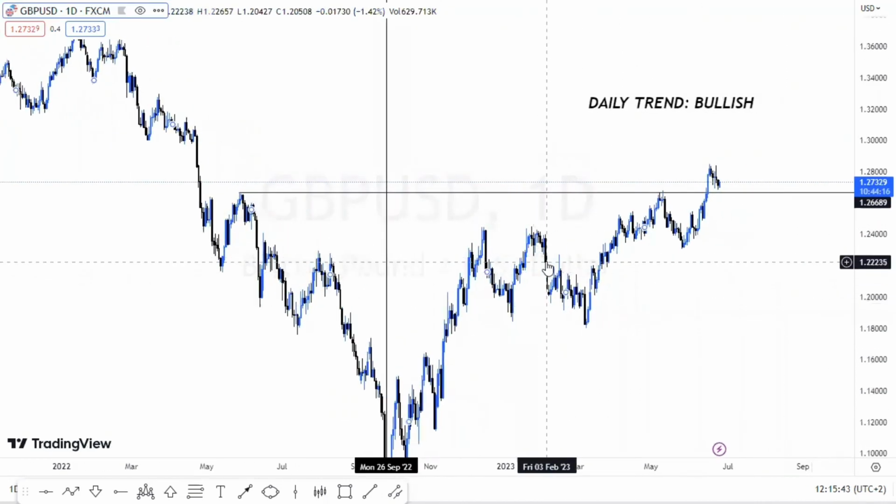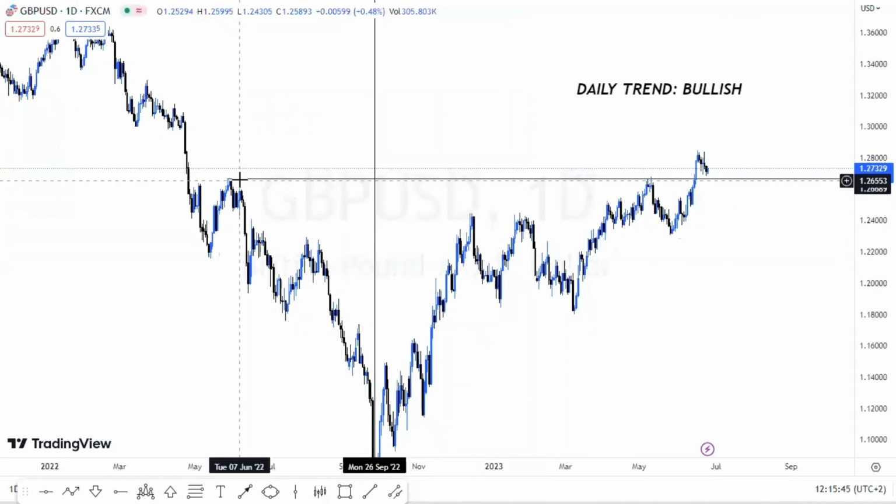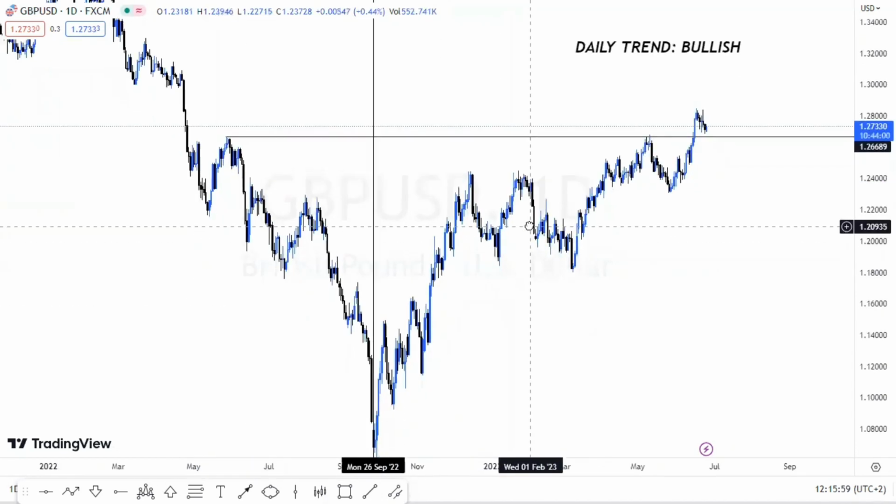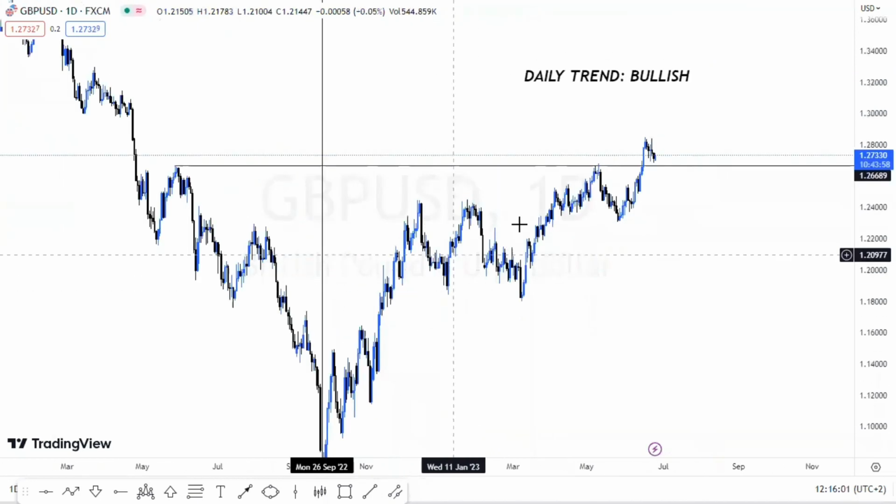If you look to the left, you can clearly see that this level is pretty significant. It was a resistance area, right? It was a resistance price right here. Price came here, just touched it, tapped a little bit, and then started dropping and made the lowest low, right?